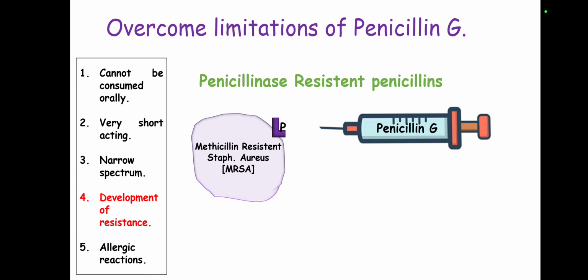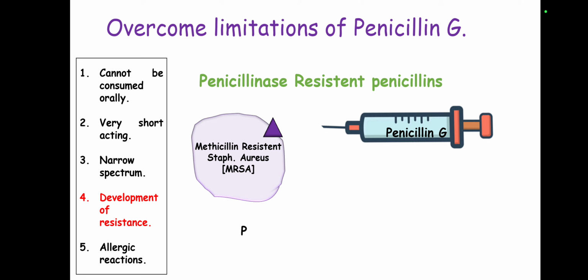But the special point regarding MRSA is that there is alteration in this penicillin binding protein, meaning penicillins are not able to bind. So when the penicillins are not able to bind, then no penicillin will be effective. So no penicillin is effective against MRSA.